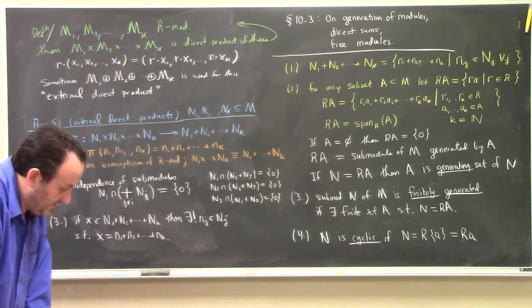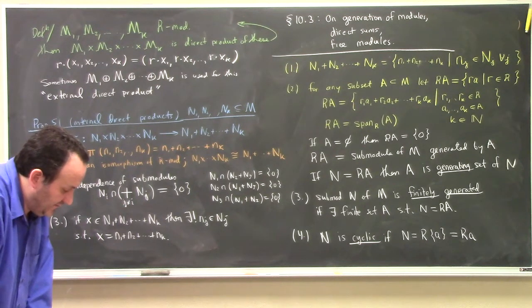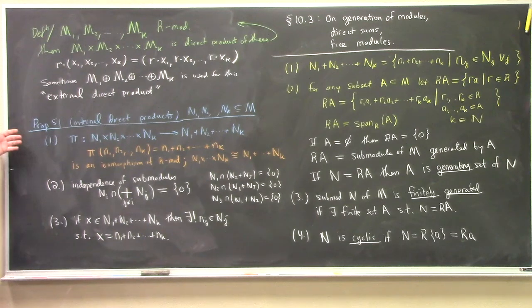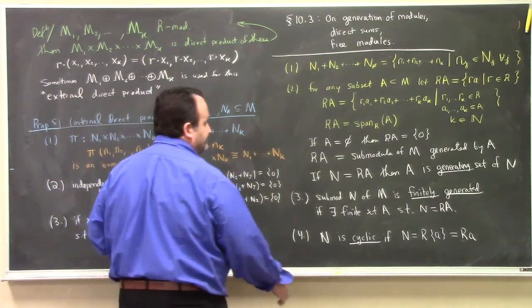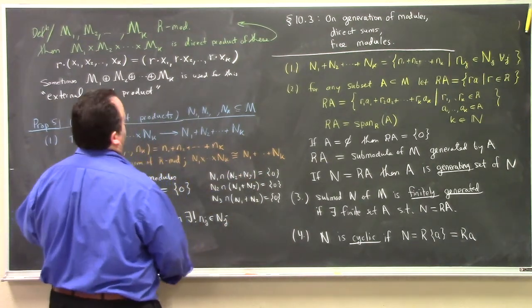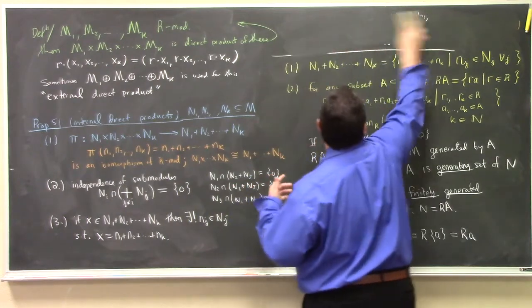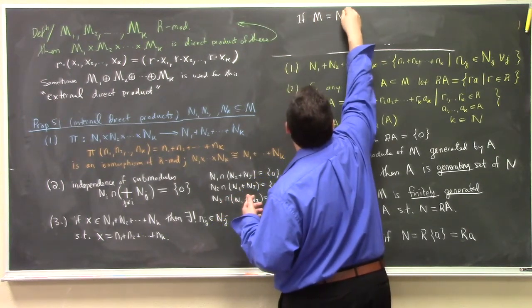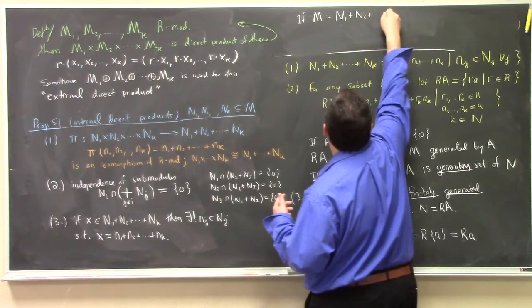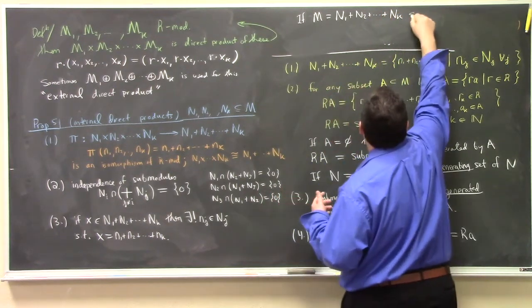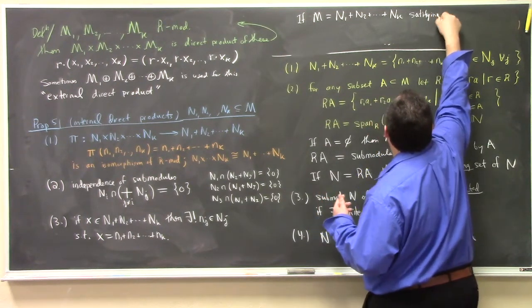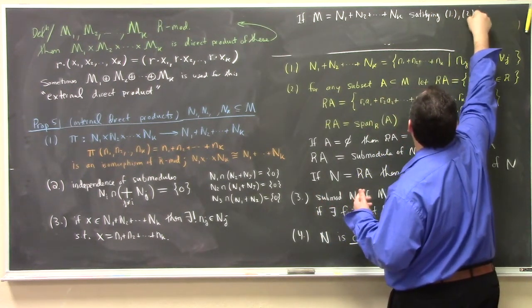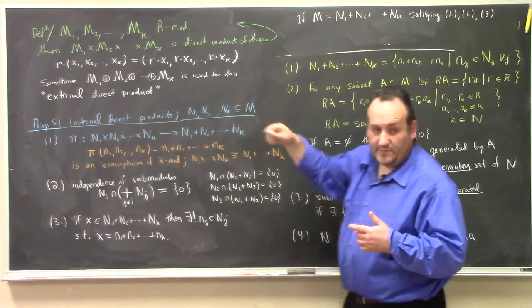Now, here's the deal. If you have a collection of submodules that satisfy either 1, 2, or 3, and the additional condition that the sum of them is equal to M, so M is equal to n1 plus n2 plus up to nk, then if it satisfies one of these, it satisfies all of them.